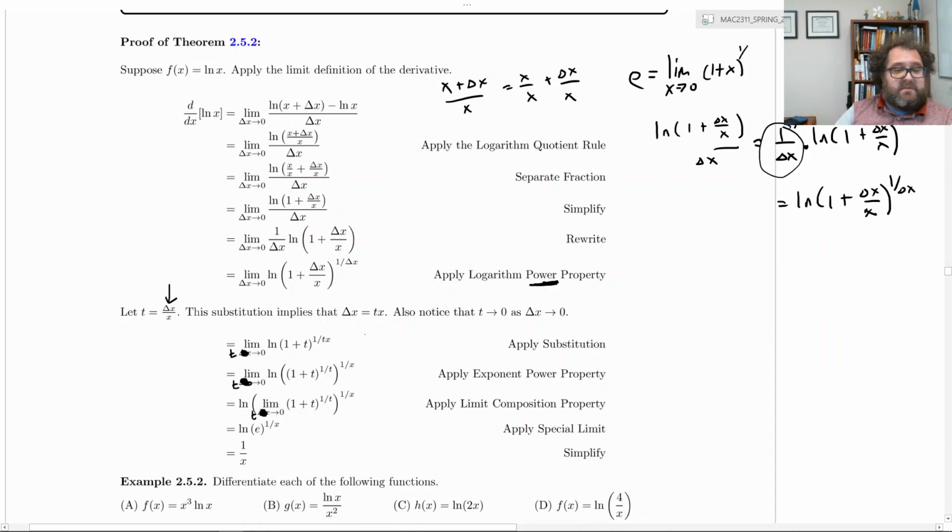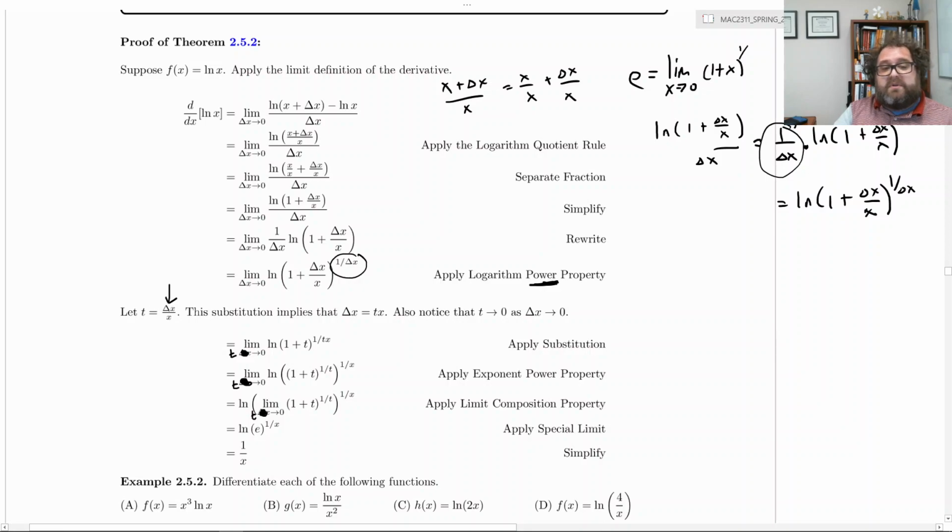And also notice that we need to substitute in for delta x because we have to change the limit completely over to t. Now that we're changing the variable, we can't have t's and delta x's mixed up in the same limit. So we need to switch all of our delta x's to t's. And what does this substitution tell us that delta x equals?